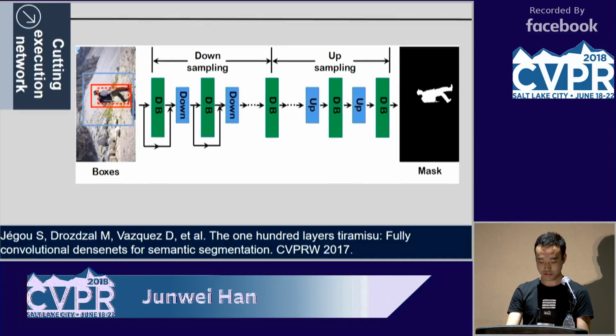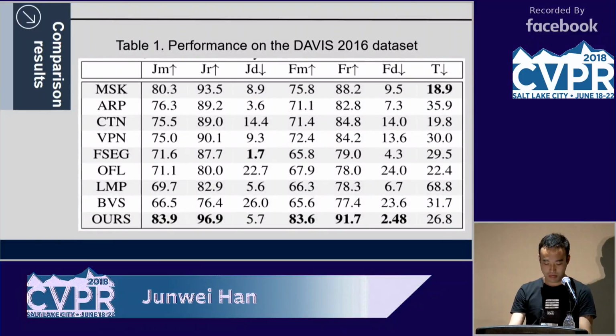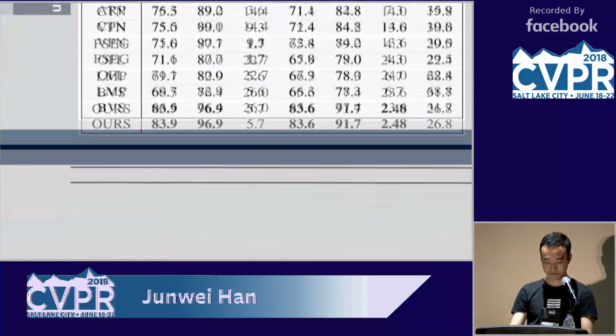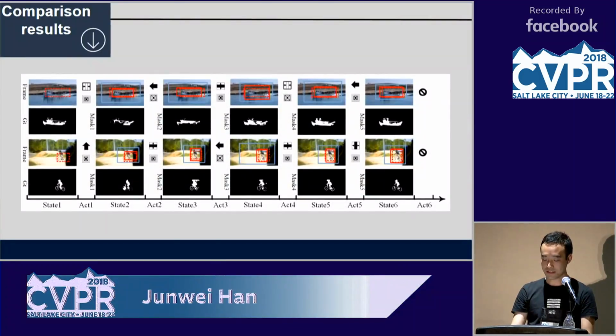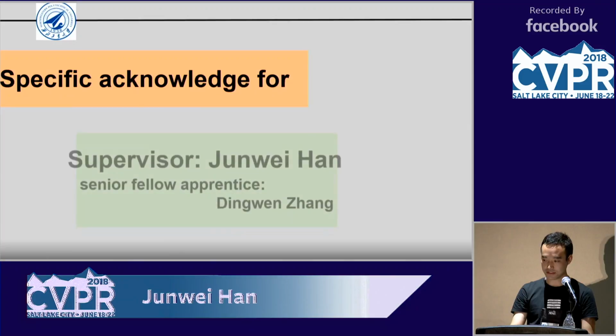We directly use a fully convolutional DenseNet architecture. We achieve satisfying performance on the DAVIS 2016 dataset under 3 different methods. This is a visualization of our method. We gradually obtain a precise mask.